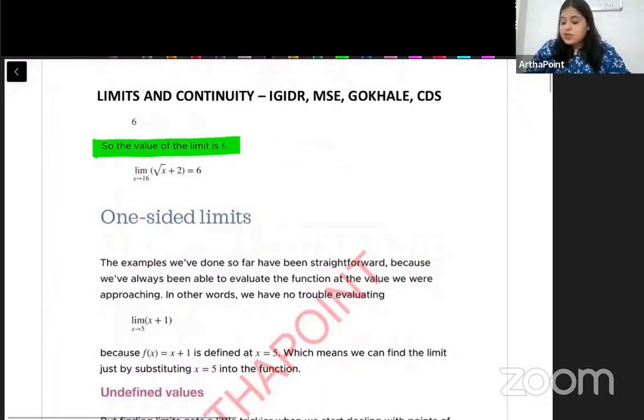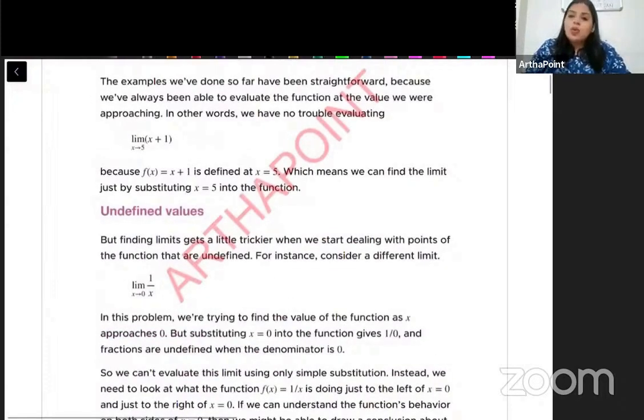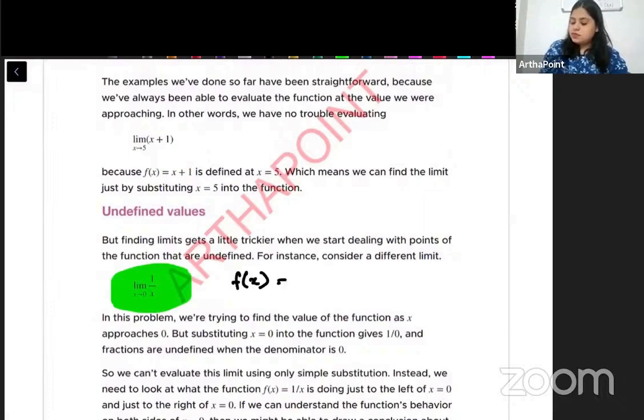So what happens when the value of the limit is not defined? To give you an example, let's say that the function is 1 by x. Now, in this function, the aim is to understand what happens as x approaches 0.